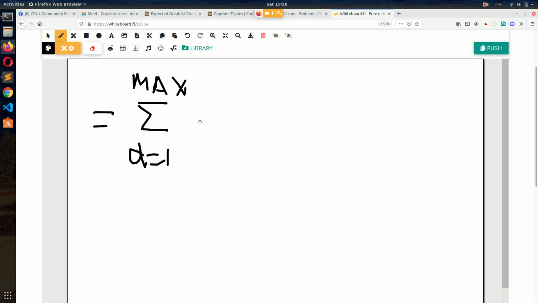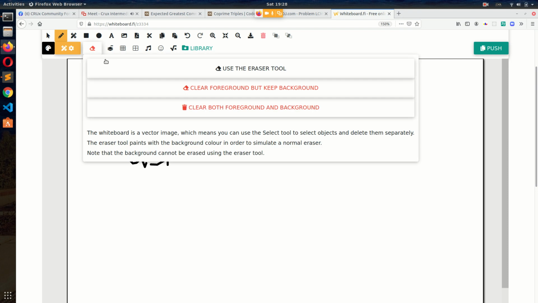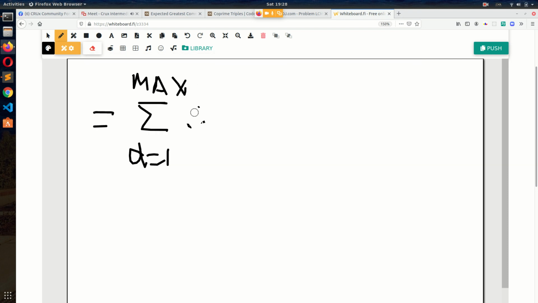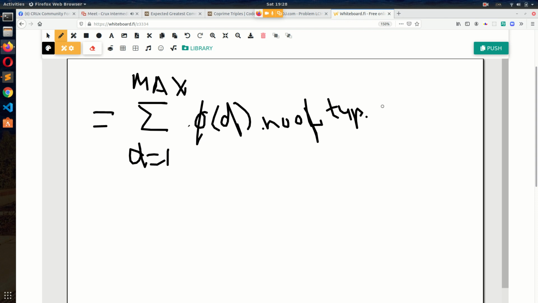This is the major step in this, so if you guys don't get it, please say so. So this value is equal to phi of d multiplied by the number of tuples which have GCD such that d divides the GCD.